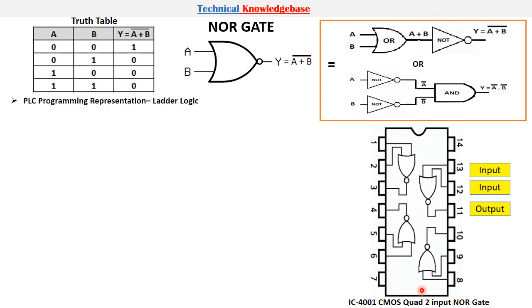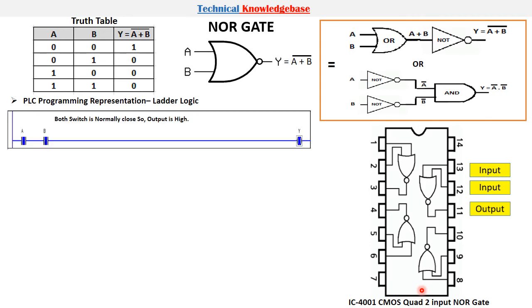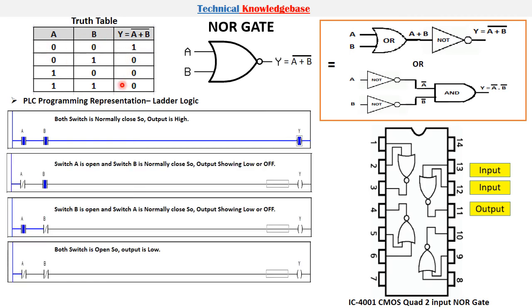So now move forward to the PLC programming. Here we have used both normally closed switches in series, so the output is high. Likewise in the truth table, you can see that the output is high, and for all other combinations the output is low.